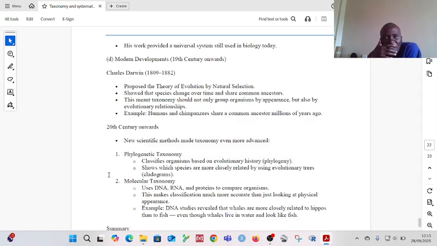From the 19th century onwards, we had very interesting developments. One was by Charles Darwin, who proposed the theory of evolution using natural selection. It was Charles Darwin as well who showed that indeed a species can change over time, and most of these species will be having common ancestors. So that meant then that taxonomy should not only group organisms by appearance, but also by evolutionary relationships.